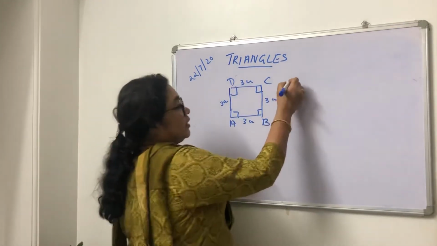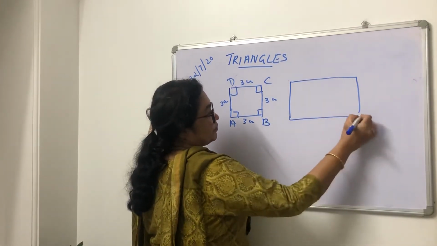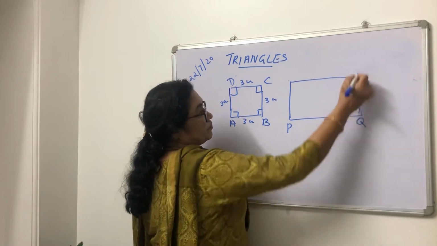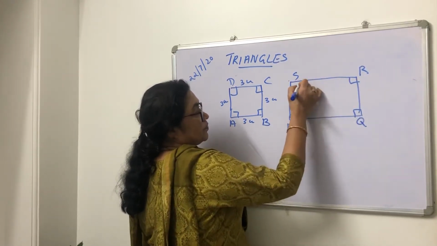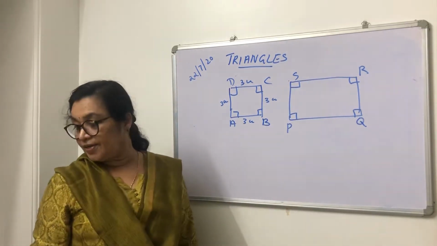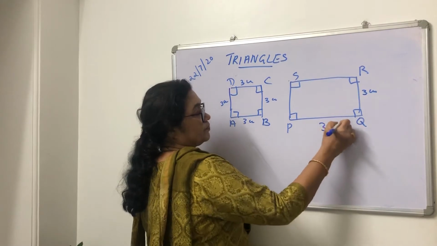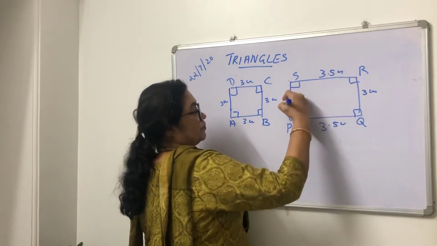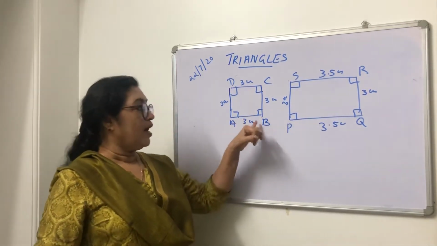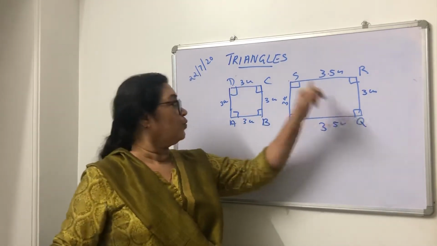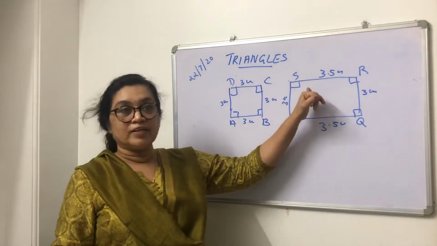And another rectangle PQRS, where each angle is 90 degrees. Here angle A is equal to angle P, angle B is equal to angle Q, angle C is equal to angle R, angle D is equal to angle S.